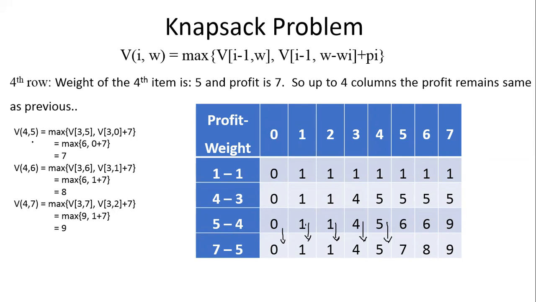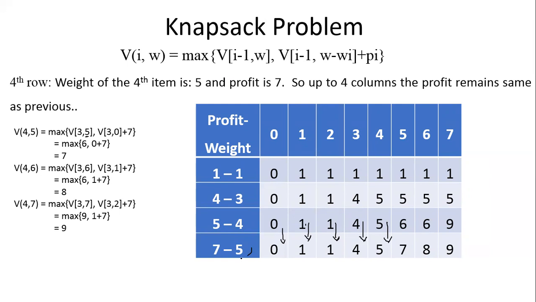Okay, so V of 4 comma 5. Maximum of V of I minus 1, that is 4 minus 1 is 3, comma 5, the weight of this particular item, that is 5. After that, V of I minus 1, 3, comma, weight minus WI. So we will check the weight is 5 here.